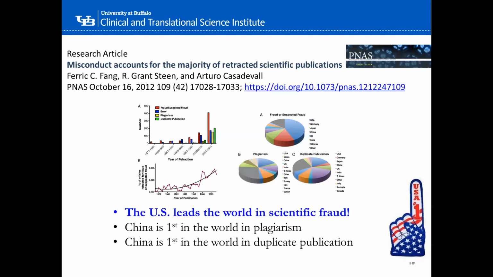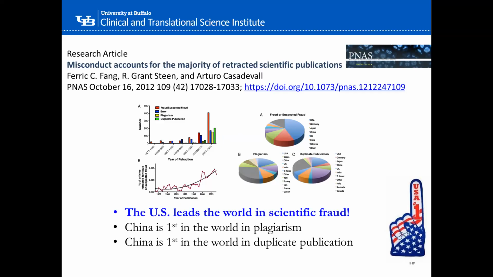So there's actually been formal studies of what the frequency of research misconduct is. And this is an older study from more than a decade ago. But in this publication that appeared in the Proceedings of the National Academy of Sciences, the authors did a detailed analysis.